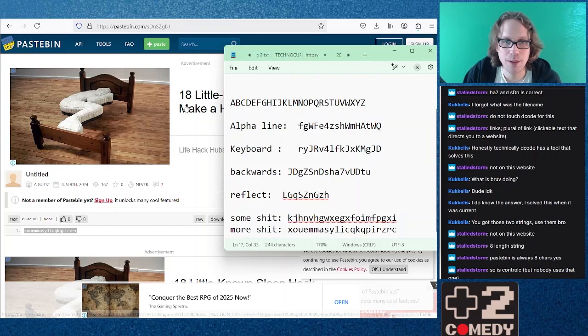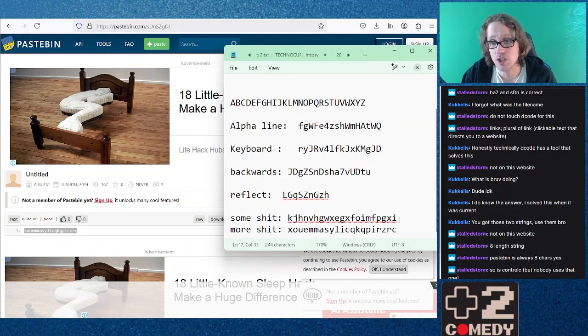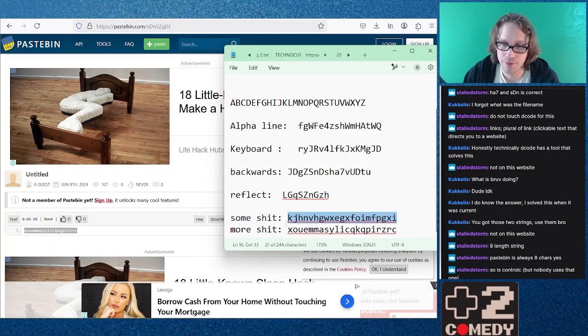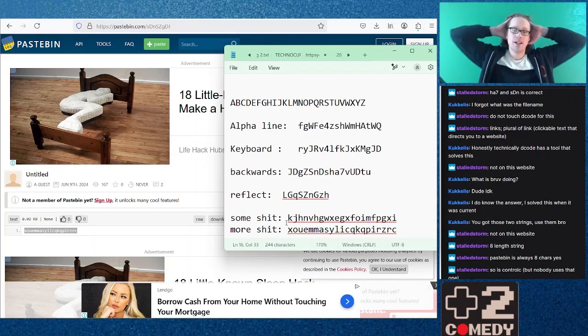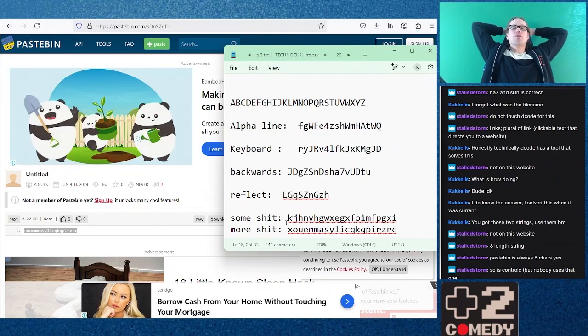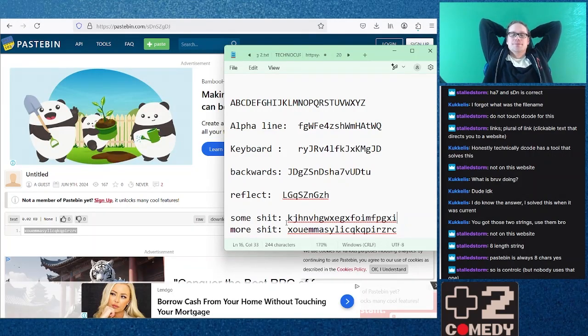This one comes from our non-reflected, so there's a chance that this is supposed to be reflected in some way, just because that's where we got it from. But let's see, we got 1, 2, 3, 4, 5, 6, 7, 8, 9, 10, 11, 12, 13, 14, 15, 16, 17, 18, 19, 20, 21! 2 strings of 21!